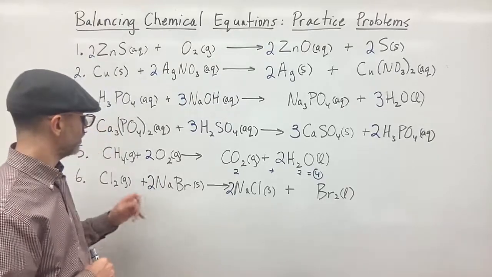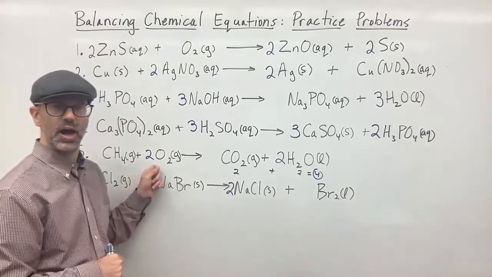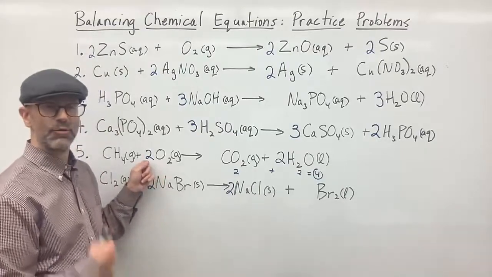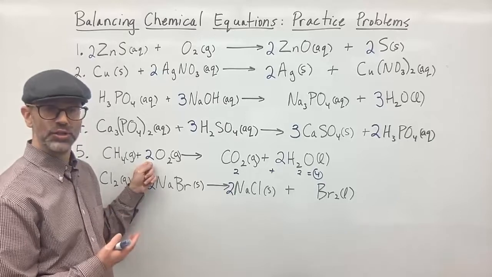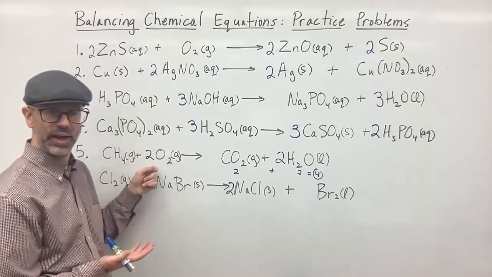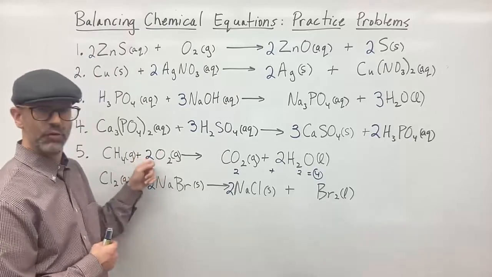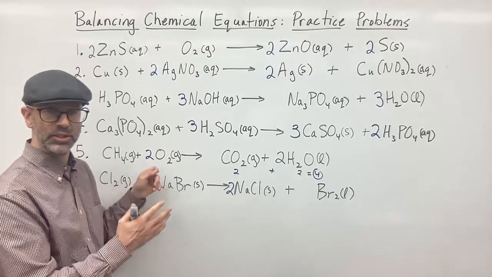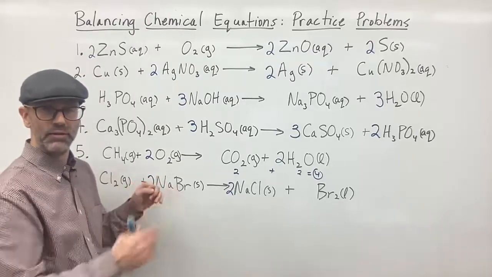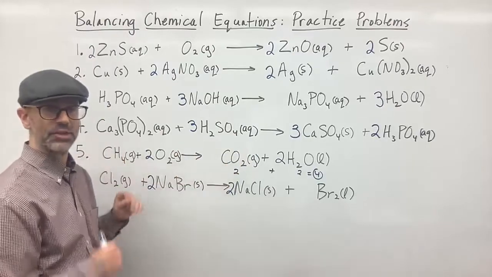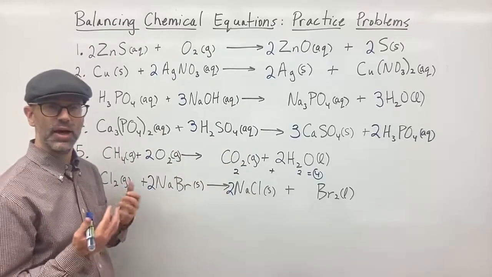One of the things to watch out for is that usually when you're balancing oxygen or some other element, you might get a fractional coefficient. So maybe I might have had to put a 1/2 coefficient there. If you ever get a half coefficient, the easy way to get rid of the fraction is to multiply the whole equation by a factor that would get rid of the fraction.